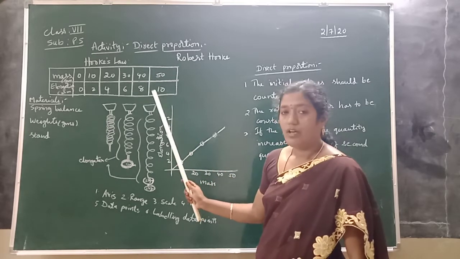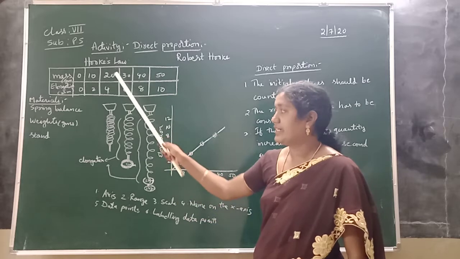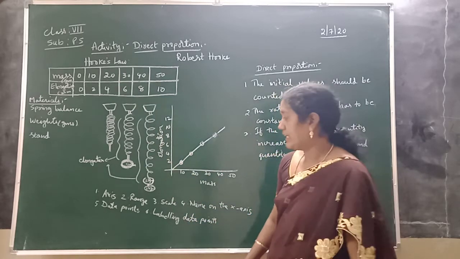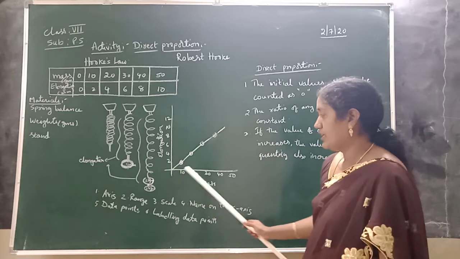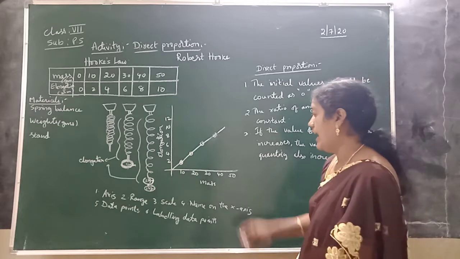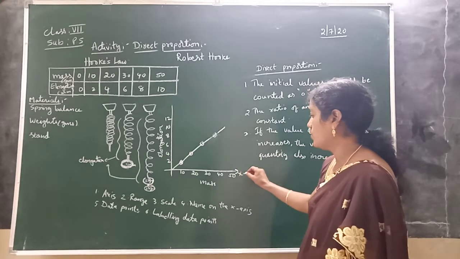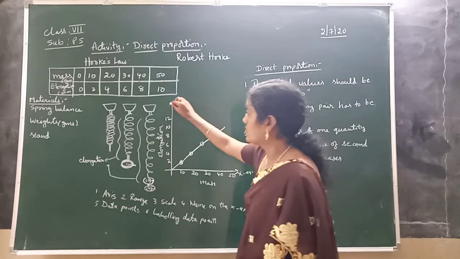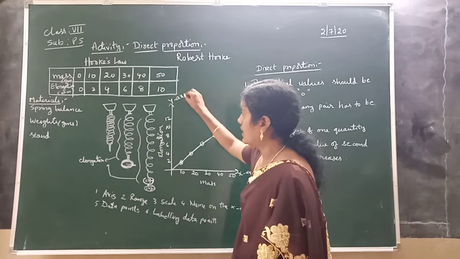Now here we have to represent this data in the form of a graph, children, and here this is a graph and it is x-axis, and the horizontal one is known as x-axis and vertical axis is known as y-axis, that we know.